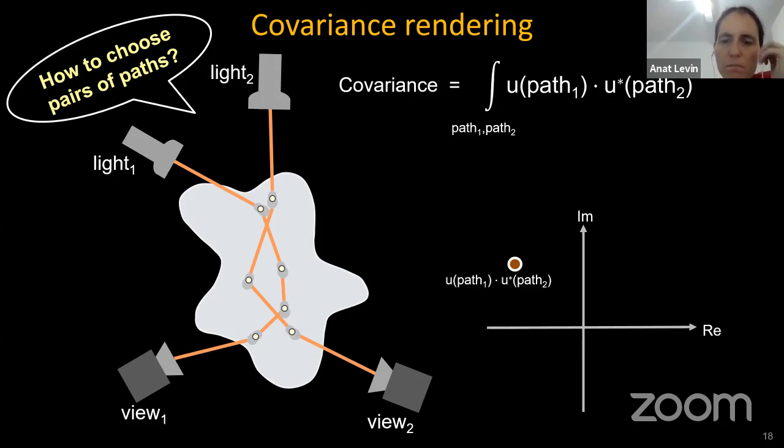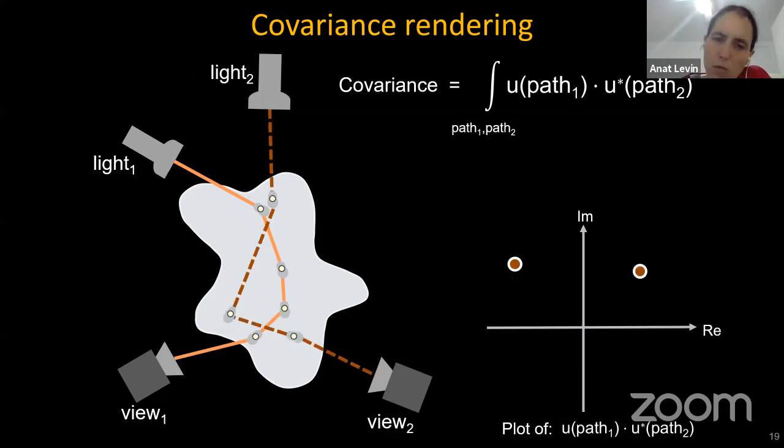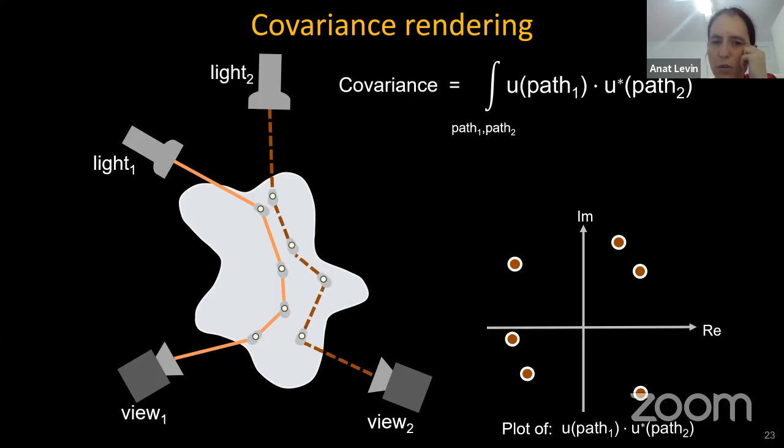To understand the problem, remember that the contribution from a pair of paths is a complex number, which encodes the phase difference between the length of the two paths and also the amplitude attenuation along the path. So let's plot the contribution from a pair of paths in the complex plane. Now let's change one path. Since we change the length of the path, we get a very different complex number. We'll plot it again in the complex plane. If we choose a different path, we get yet another complex number, and so on.